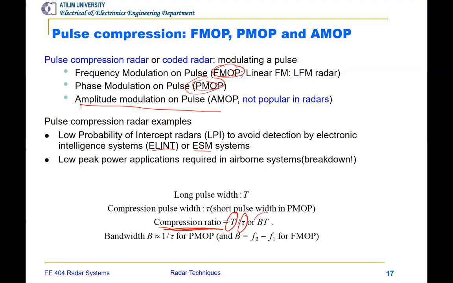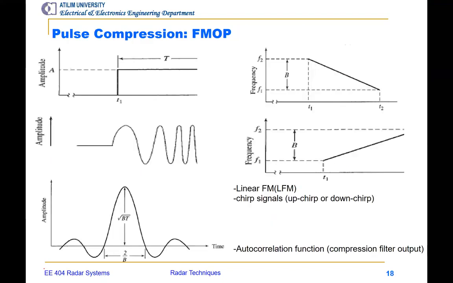It's also called the BT product, and here the bandwidth B is defined as 1 over tau, the small pulse, subpulse, for phase modulation on pulse, and F2 minus F1 for FMOP, frequency modulation on pulse. So there are two different definitions for bandwidth. We have to be careful with the bandwidth of pulse compression radar.